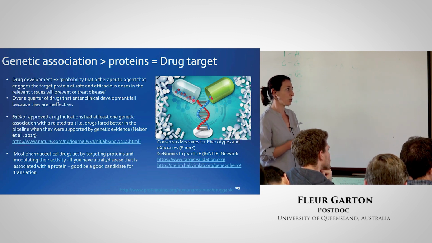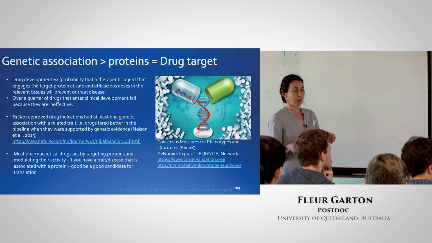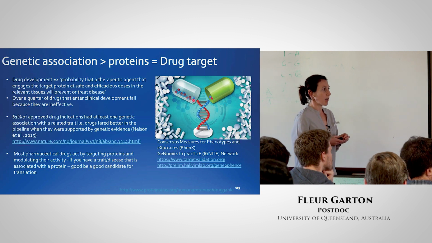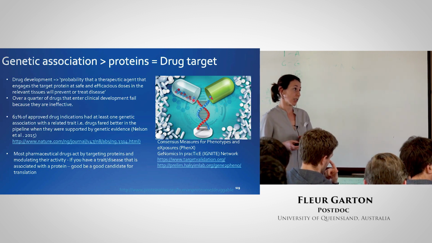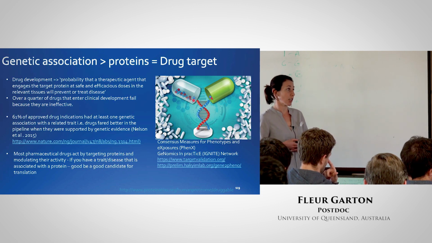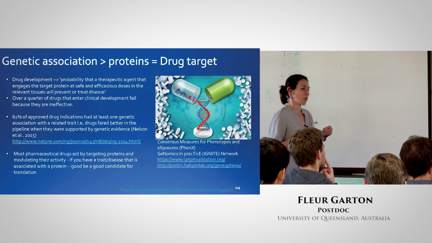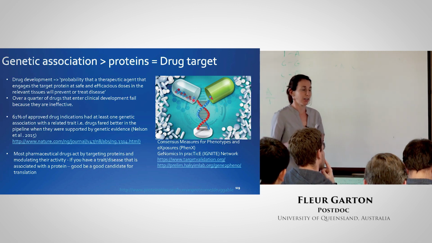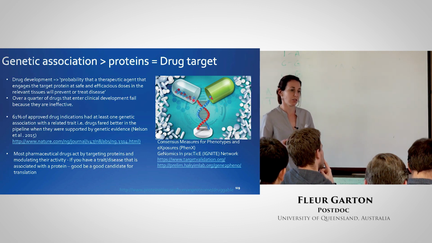Over a quarter of drugs that enter clinical development fail because they're ineffective. A recent paper came out saying that 61% of approved drug indications had at least one genetic association with a related trait. So pretty much what this was saying is that drugs fared better in the pipeline when they were supported by genetic evidence.